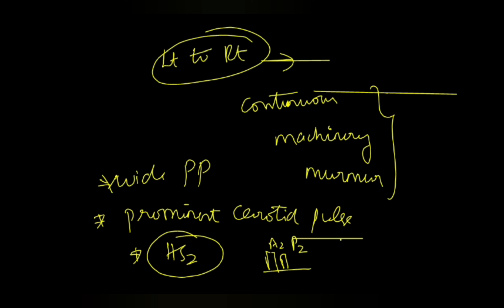What happens here is, because the left ventricular volume is more, your aortic valve closes a little later compared with your pulmonary valve. So P2 is heard first and then A2, which is called paradoxical splitting of the second heart sound. This is also a characteristic feature which can be seen in patent ductus arteriosus.